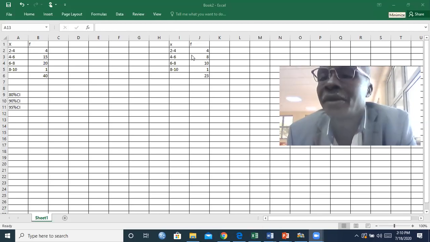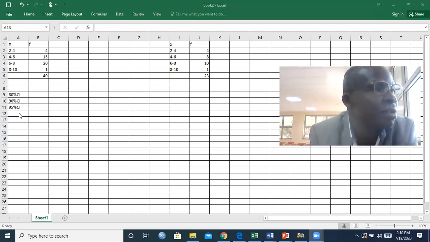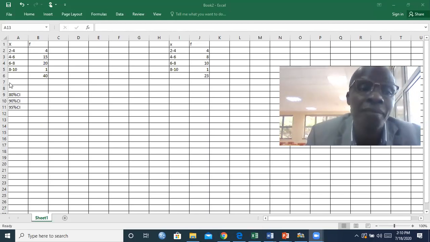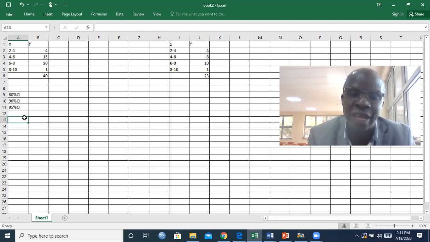X bar plus or minus. So write that. The CI for mu equals x bar plus or minus, that is for a large sample, Z alpha over 2 times sigma over the square root of n.